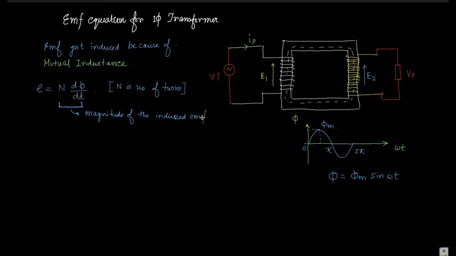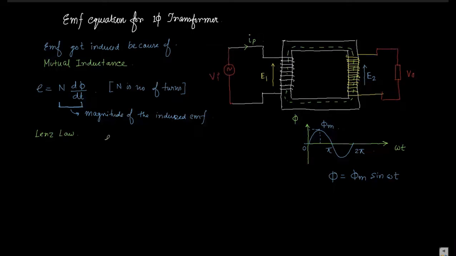Now we want the direction also. So how could you calculate the direction? For determining the direction, we have to apply another law, which is called the Lenz law, by which we can find the direction of the induced EMF.